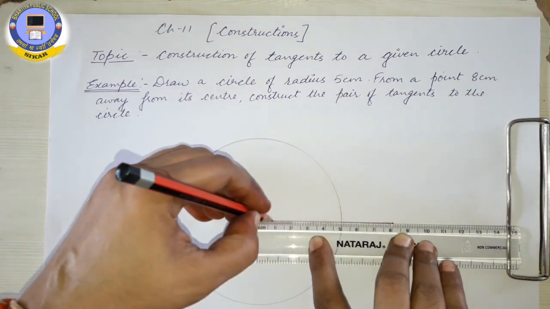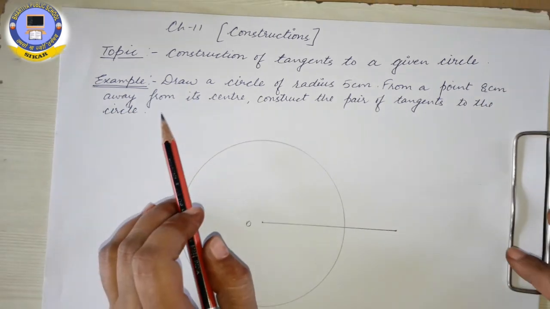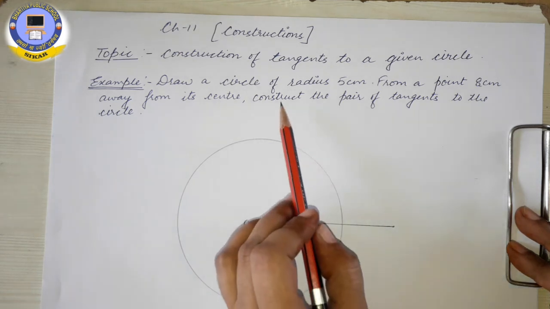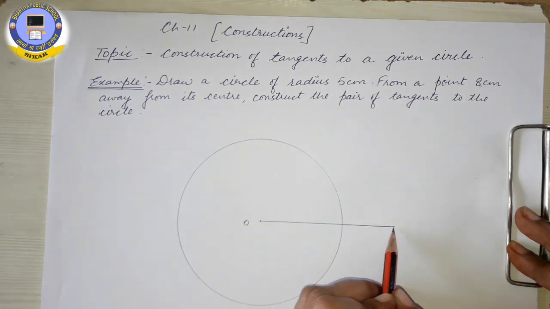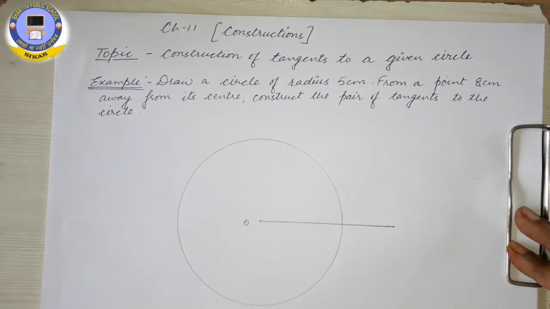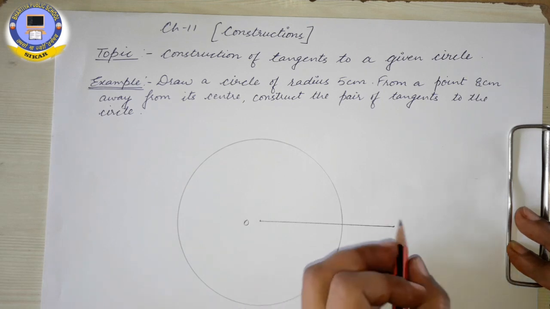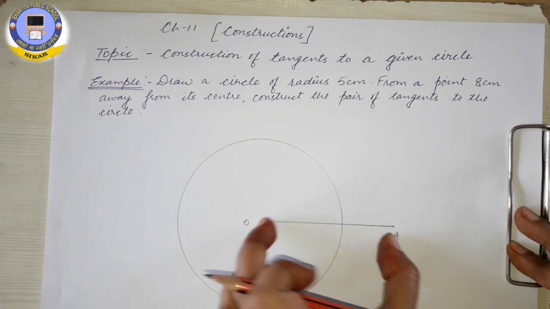From this external point you need to construct a pair of tangents to the given circle. So the first step is to draw a circle of given radius. Then the second step is to take a point A which is at a distance of 8 cm from the center.